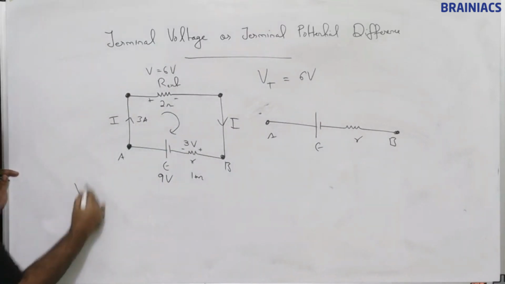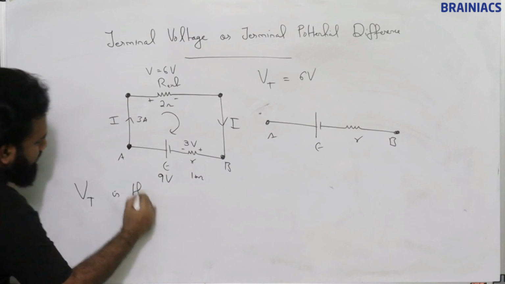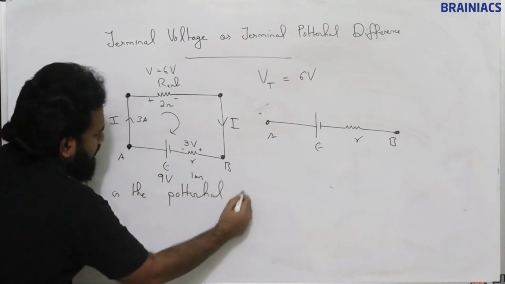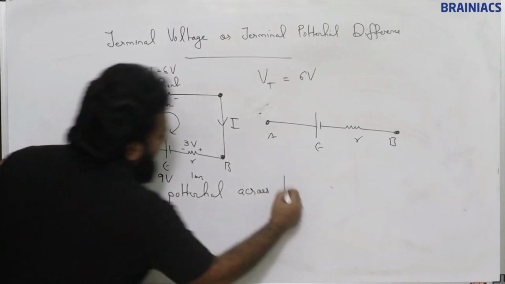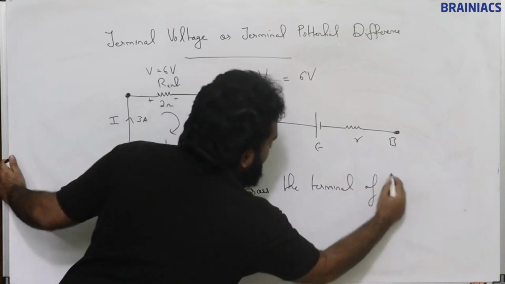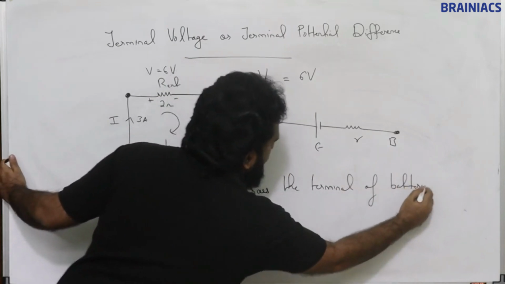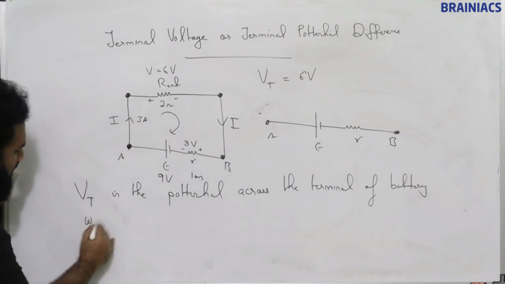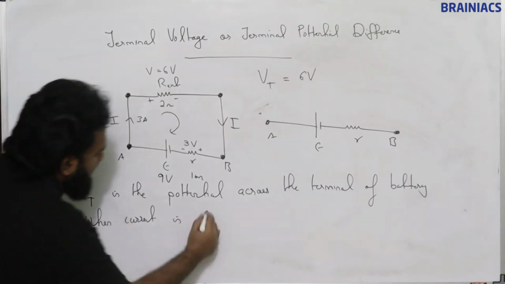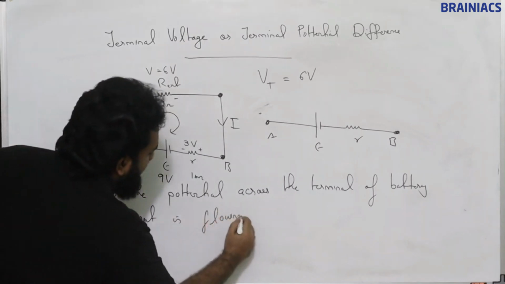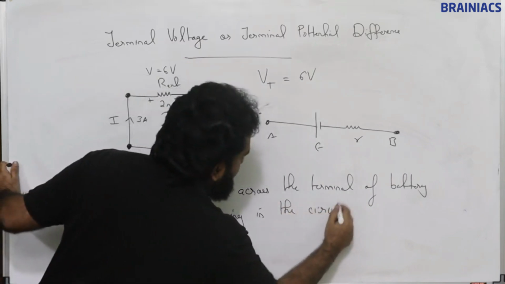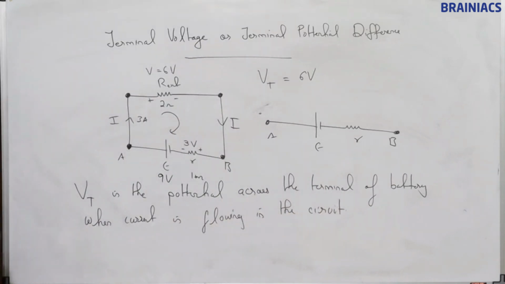Terminal potential difference is the potential across the terminals of the battery when current is flowing in the circuit.